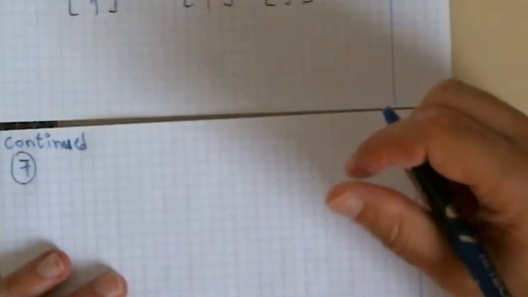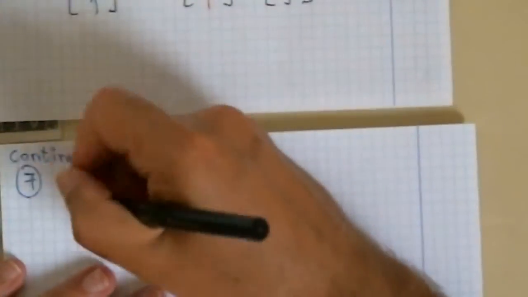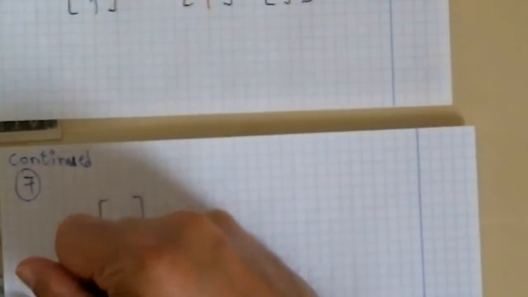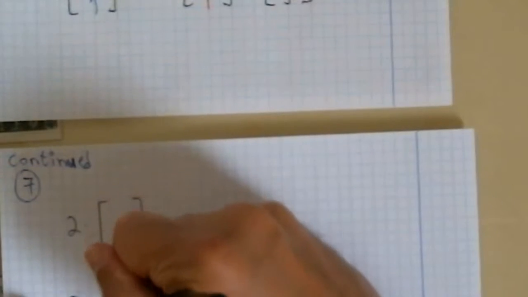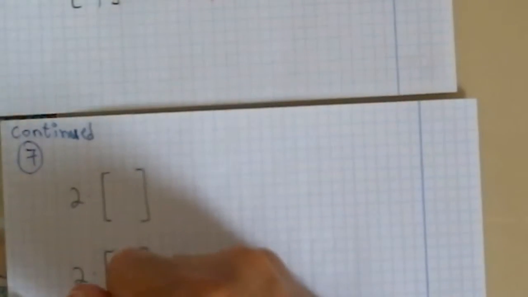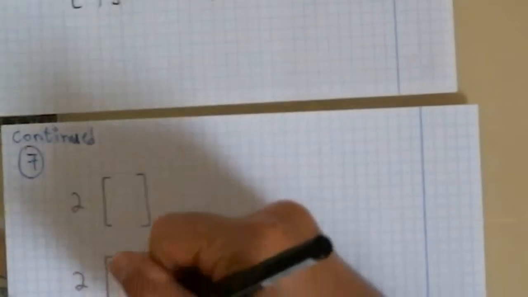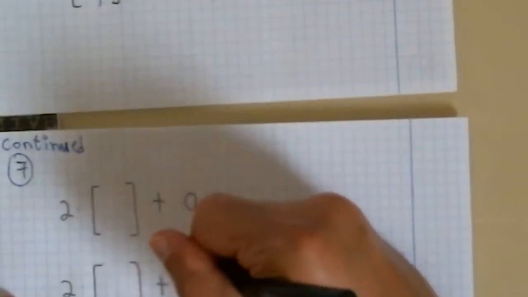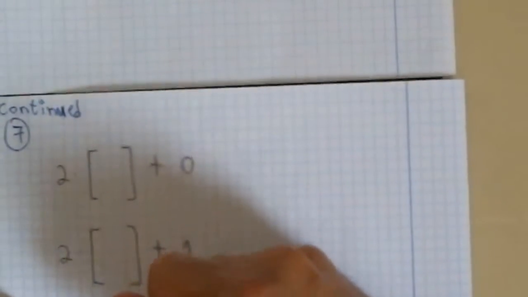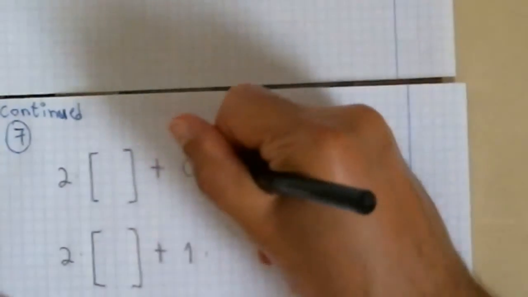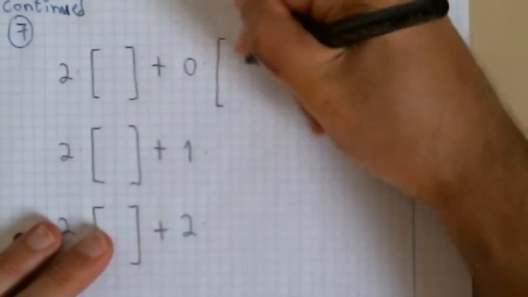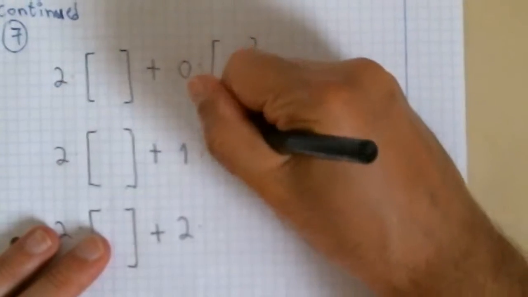And we have C, which now is 2 times the blue vector, and 2 times the blue vector, and 2 times the blue vector, plus D, which is 0, and D, which is 1, and D, which is 2, and each time times the red vector, right?